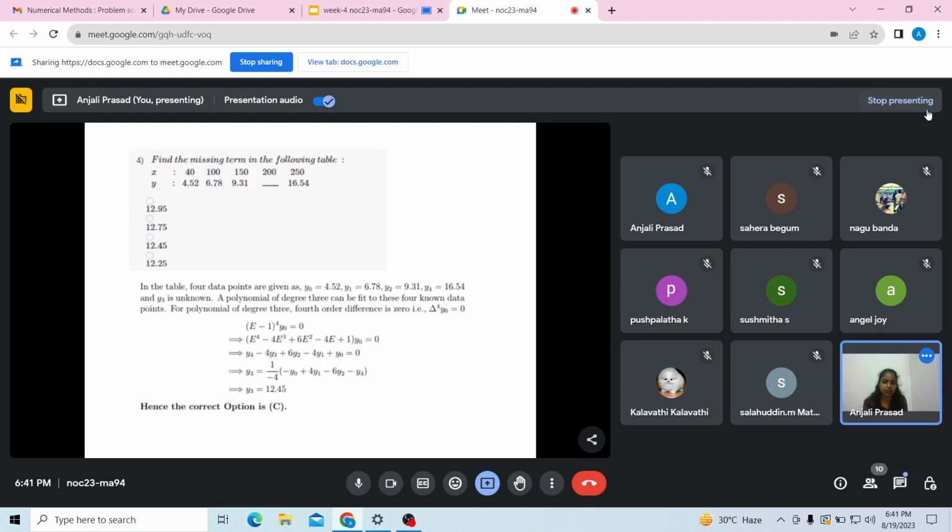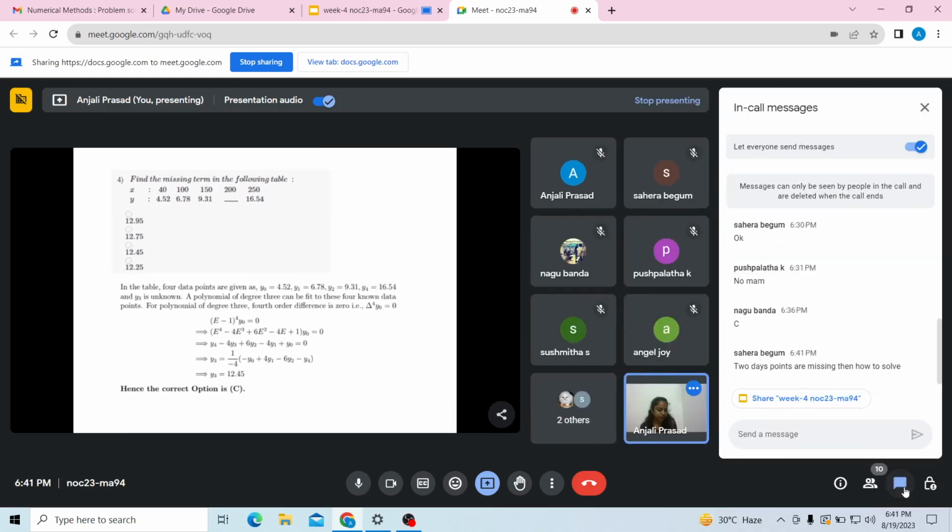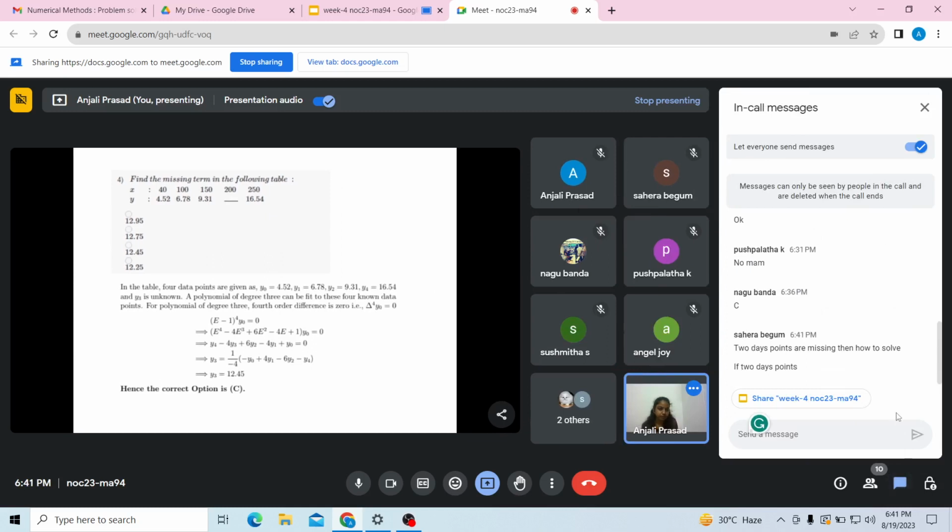What do you mean by that? Okay, you are saying that if there are 2 points missing in this y value, right?